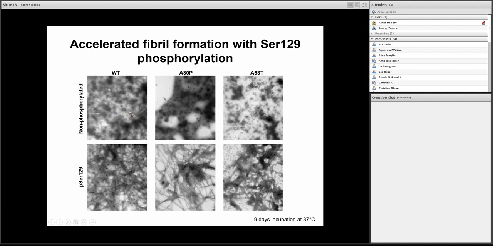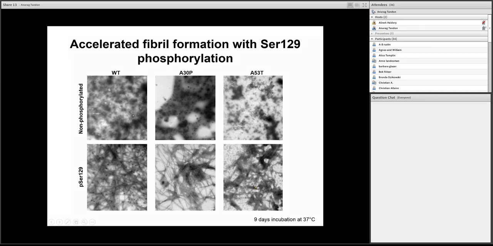These begin to aggregate, but they don't form fibrils quite so fast. When we look at the phospho versions of these alpha-synuclein molecules, in other words, they've been phosphorylated at the C-terminal, and this is the one that's present in Lewy bodies, you see this incredible acceleration of fibril formation.